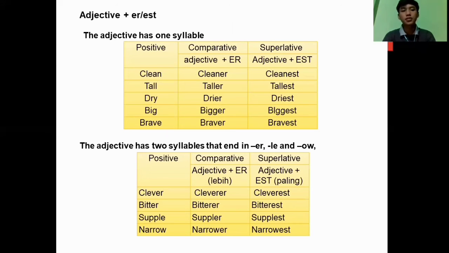The condition is the adjective has one syllable, for example clean, and the comparative is cleaner and the superlative is the cleanest. The other condition is the adjective has two syllables that end in l, and y. You can see the example in the list.